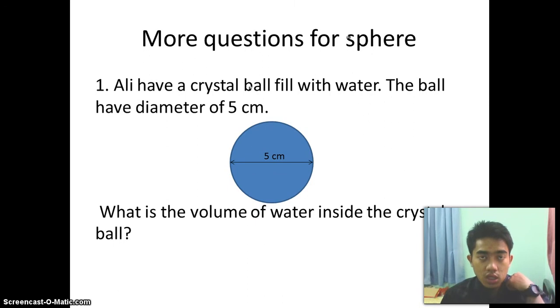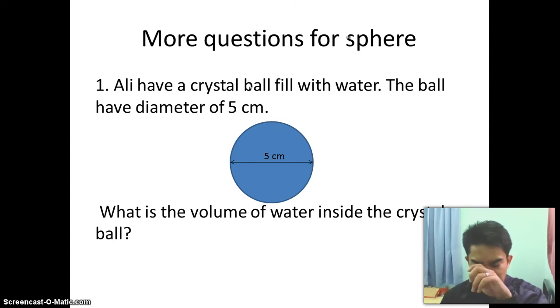We use the formula 4/3 pi r cube. To get the r, the diameter must be divided by 2. So 5 centimeter divided by 2, we will get 2.5 centimeter, and then we just insert into the formula.